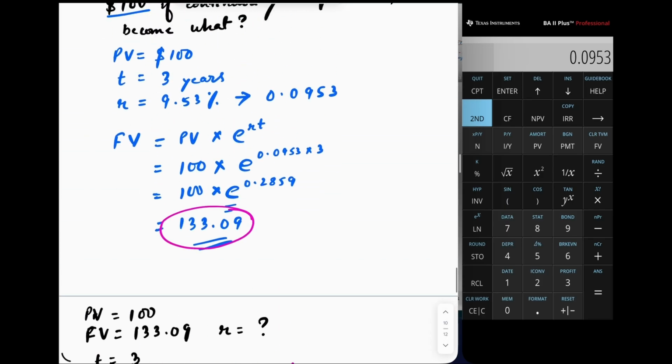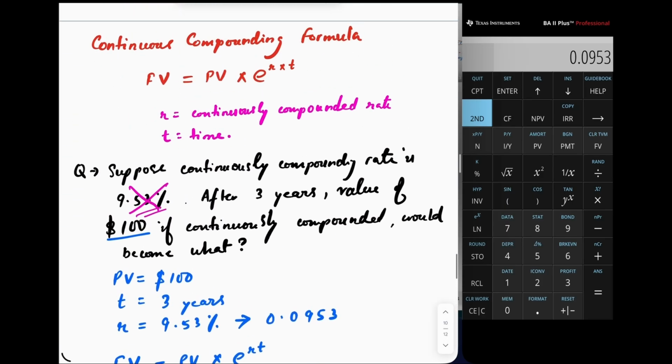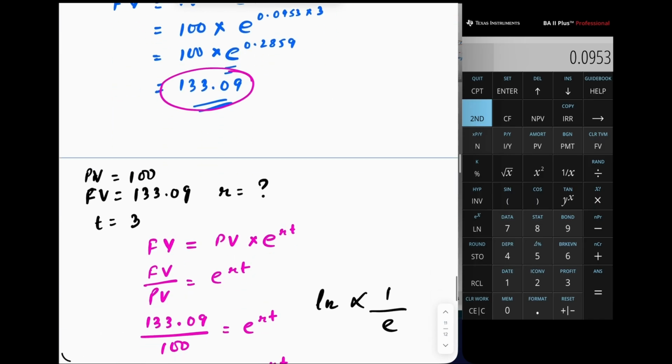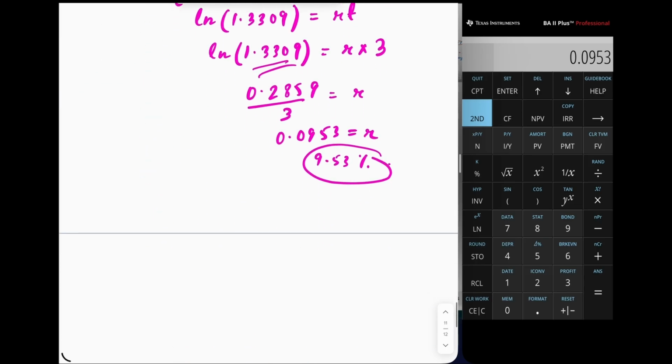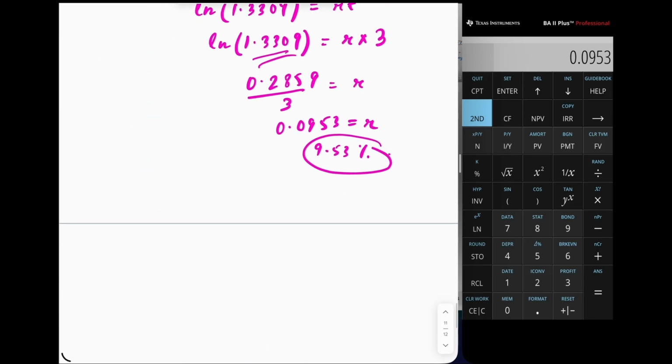And I have shown you the formula of continuous compounding: given a present value and given the rate of continuous compounding, how you can use your financial calculator to get your future value. Or if these numbers are provided, how you are going to calculate the continuous compounding rate. So hope till this point everything is clear.